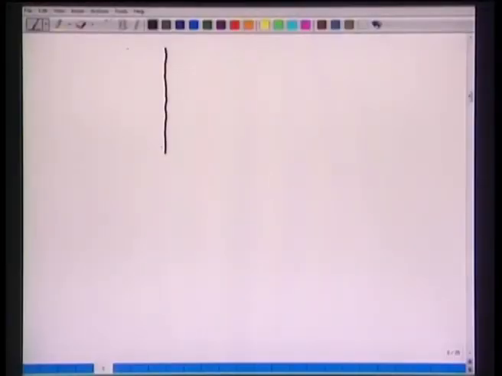In reality, if both the film resistances are high, then one has to take into account both the diffusion resistances. Graphically, if we have this interface, then in one case this is your gas film, this is your liquid film, and we have the situation like this, and then it drops.